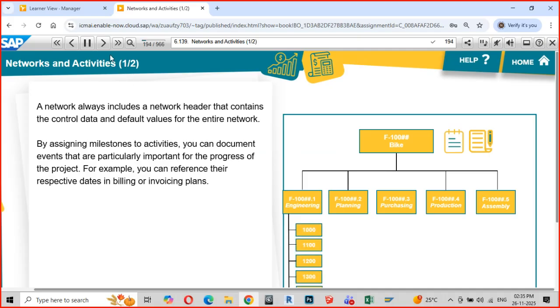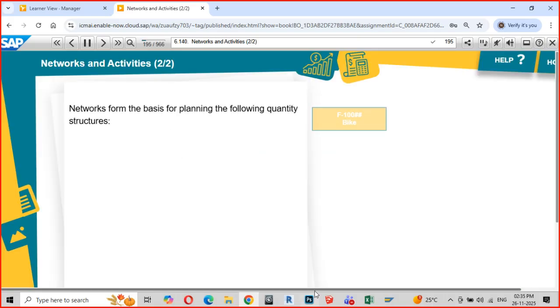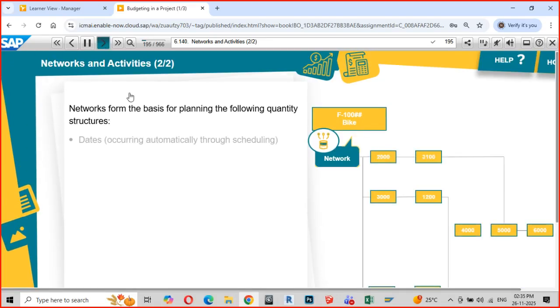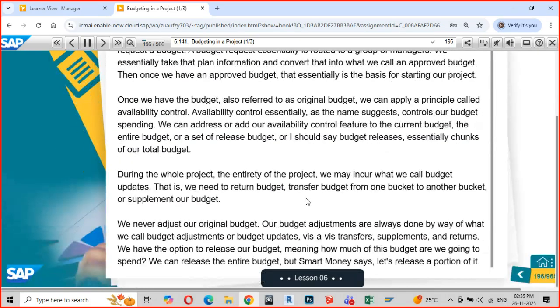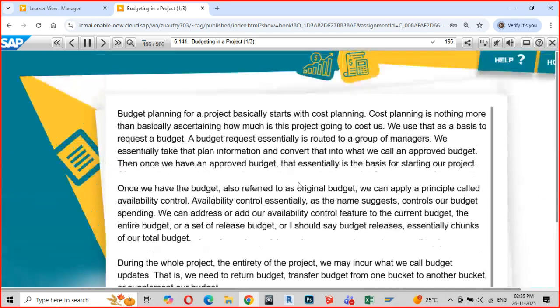So this is all for you to read. Budget planning. We have already seen this, right?